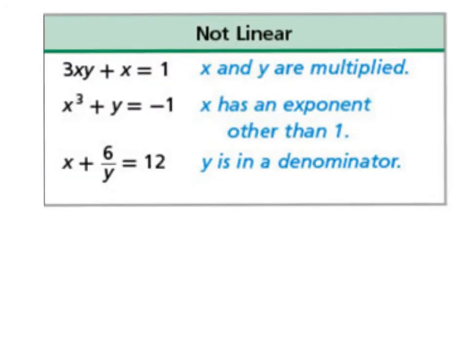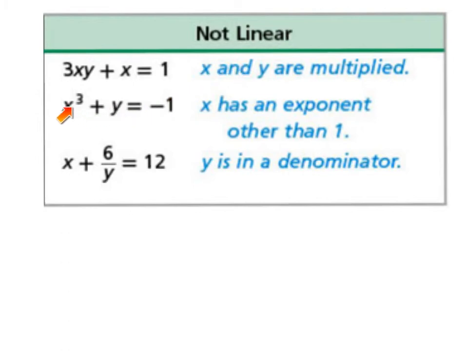These are not linear, and you will have to differentiate between linear and nonlinear. You saw the linear equations where you have an x and a y that are in an equation, and they're separated by addition, subtraction. But look at this case. You have xy multiplied together, and then plus an x. That's not linear.